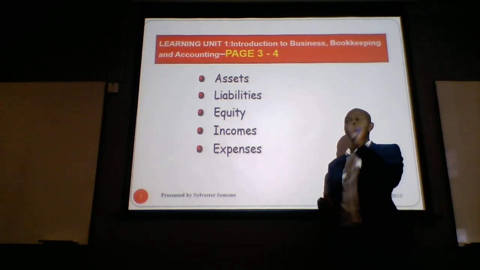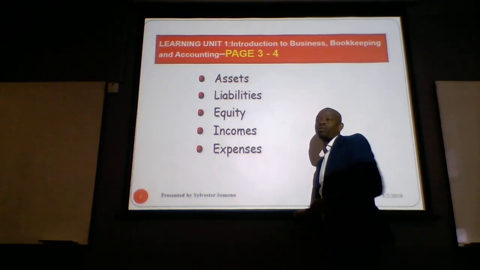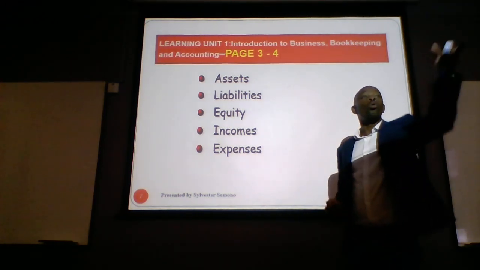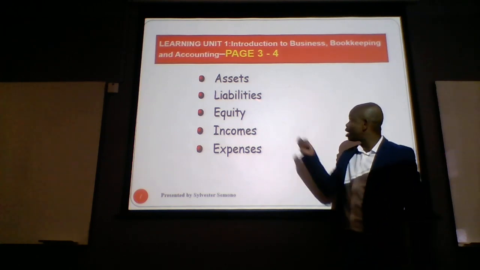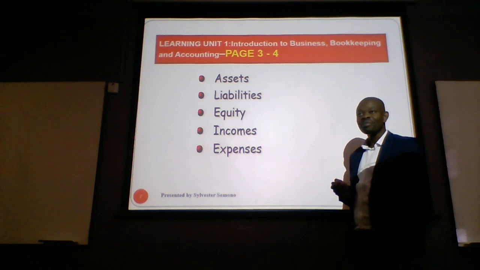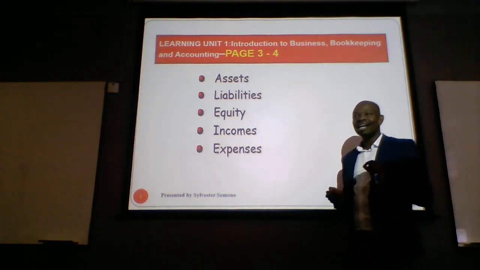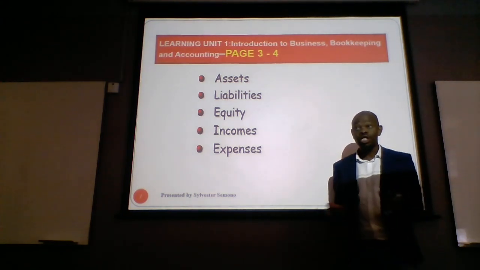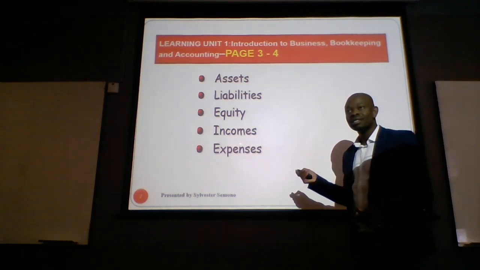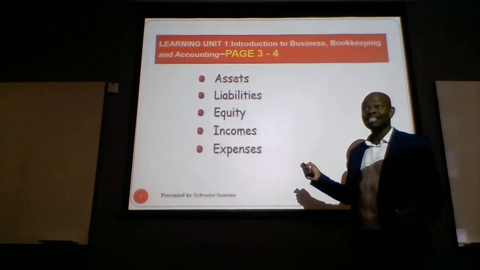So these are the groups which we need to know. Yes, we need to know the groups as groups. At the same time, we need to know what falls in that group. For example, what is this laptop to me? I don't know if that's long term or current. For you to understand them better, the non-current assets normally are the ones that are used to generate what? Income. You don't sell them, you don't convert them. It's an asset, I agree with you.